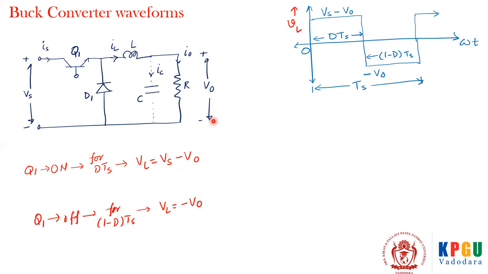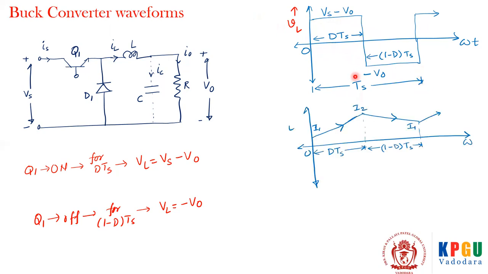They are in equilibrium. They are in steady state. At that time, for the D times TS interval, the voltage across the inductor is Vs minus V0. And for the 1 minus D times TS interval, the DC voltage across VL is minus V0. And this is the whole switching time interval TS.